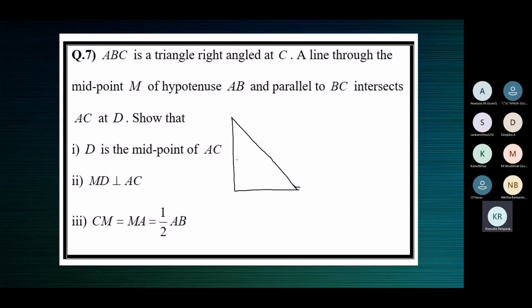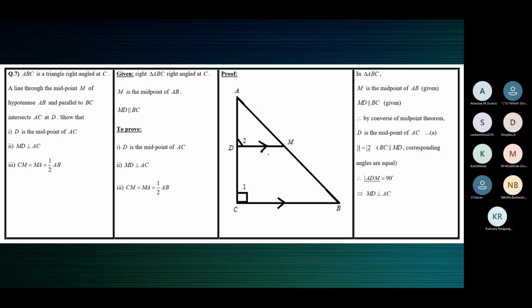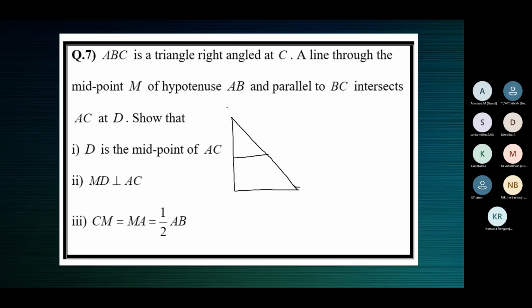Yes, we see that. A line through the midpoint M of the hypotenuse AB.